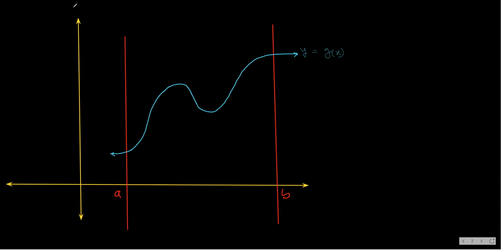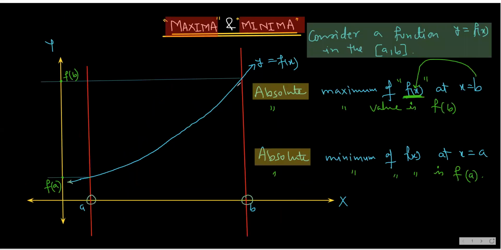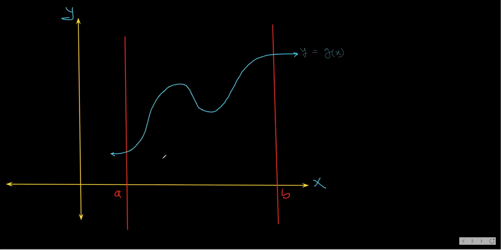This is y-axis, this is x-axis. Now, unlike the previous function y equals f of x, which was monotonically increasing, increasing, increasing, and only increasing, which we say is strictly increasing in the interval A to B. Here, you understand that the function is increasing and then it reaches its peak somewhere here.